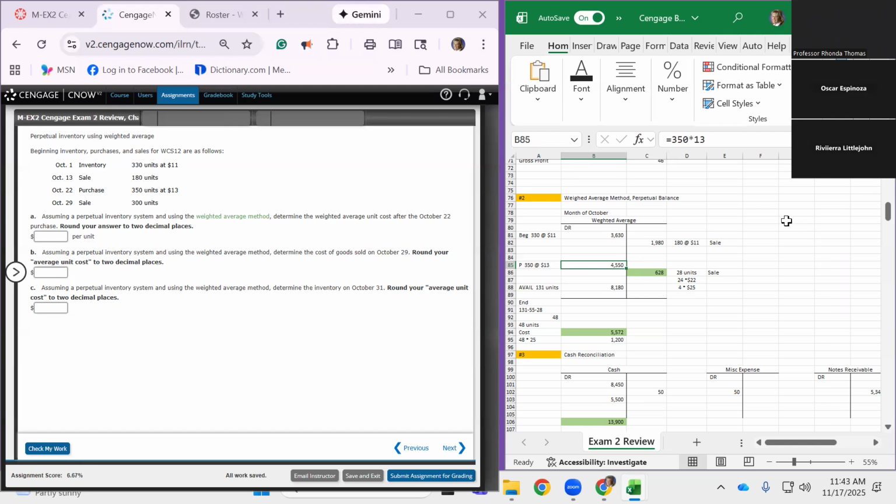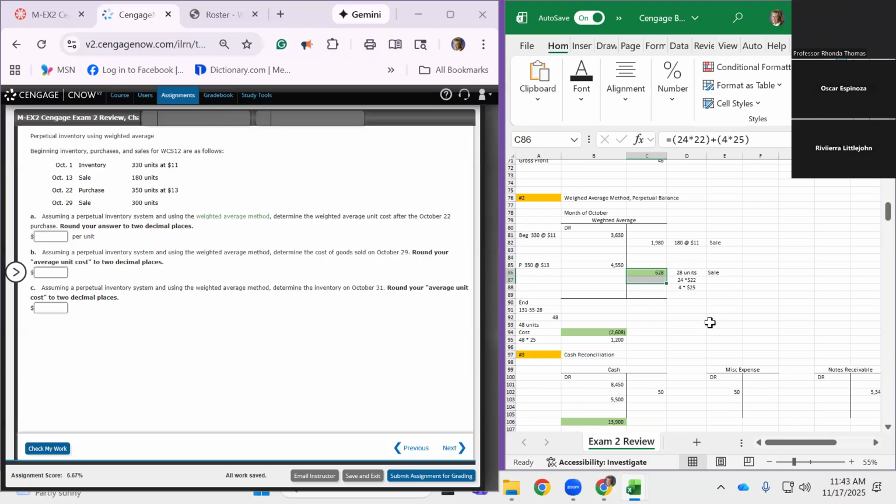So I'm going to move over here to the side. Here's what we're going to do. I'm going to take this out. Because the first thing it says is, assuming a perpetual inventory system using the weighted average, determine the weighted average unit cost after the October 22nd purchase.